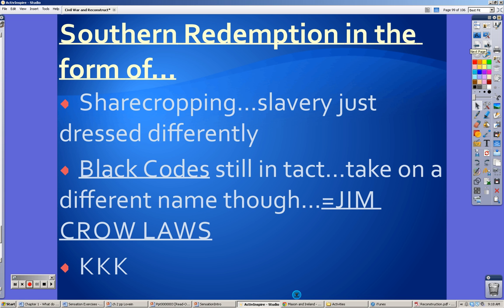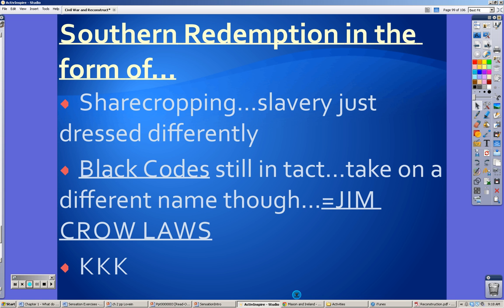As Reconstruction is going, the South gets really upset about it, obviously, because it's changing their way of life, and that's what they're fighting for in the Civil War, is to maintain their way of life. So they have something called sharecropping, and sharecropping is basically slavery. It's just dressed a little bit differently. Slaves would work the land, and they would get paid.